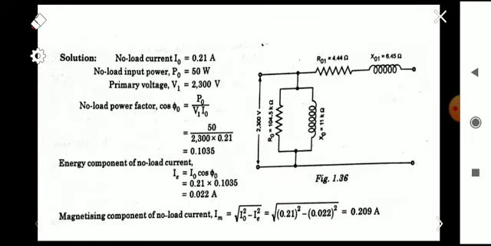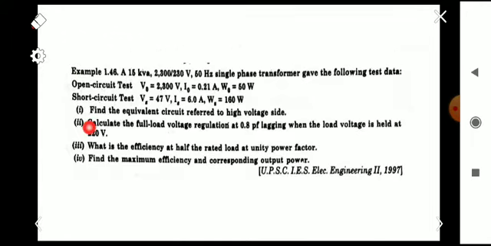And the load voltage is 220 volt. In the second question it is given that the load voltage is held at 220 volt. If it is not specified as 220 volt, we can also take it as 230 volt, but normally it will specify the value of voltage there.